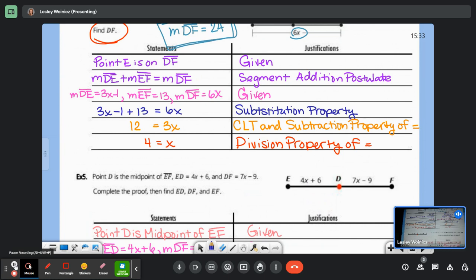What we have to do is we can't use the segment addition postulate until we say that point E is on DF. And we can't use the substitution property until we've used the segment addition postulate. So some things have to come first, but we have a little bit more flexibility about when we write the givens. Does that answer your question?